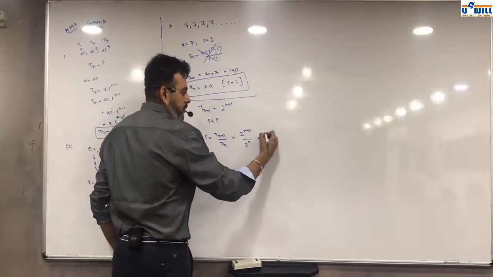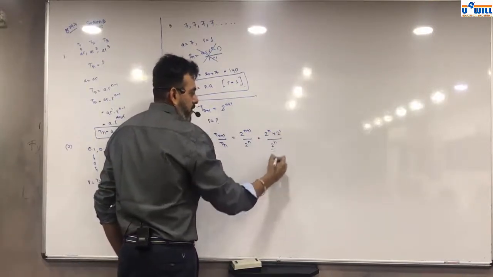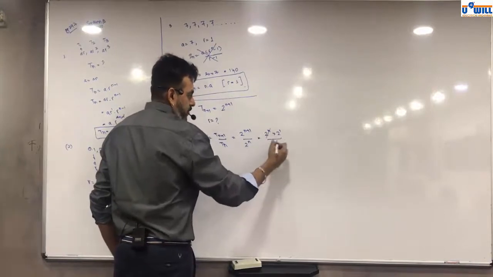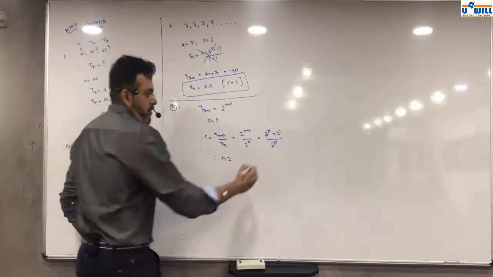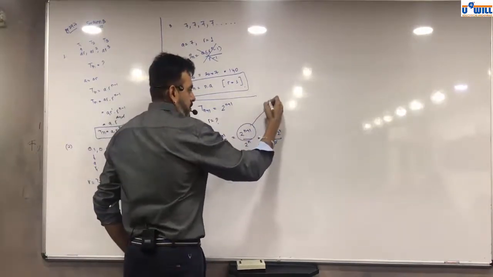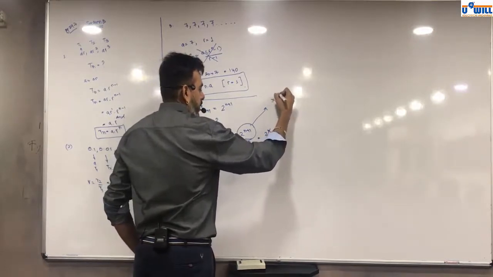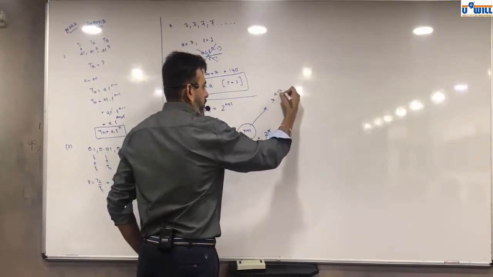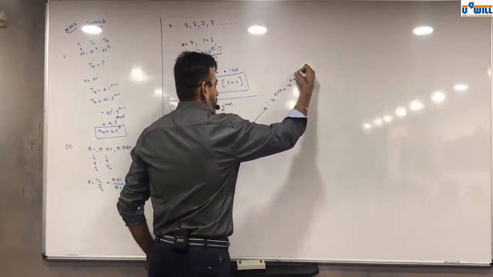It is equal to 2 raised to n into 2 raised to 1 upon 2 raised to n. 2 raised to n, 2 raised to n, cancel. R is equal to 2. How do we do this? X raised to a plus b is equal to x raised to a into x raised to b.